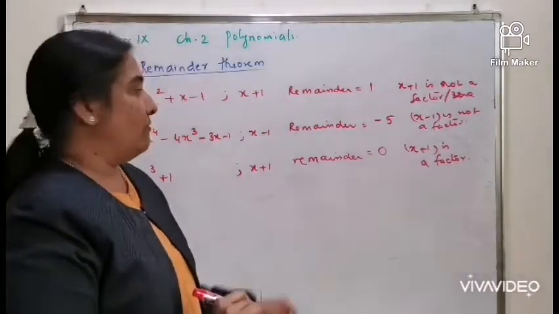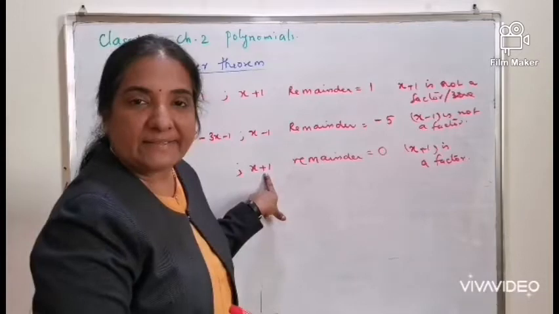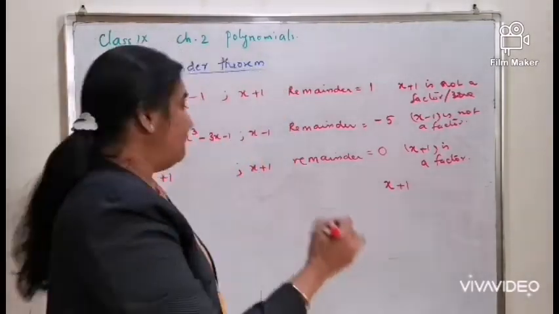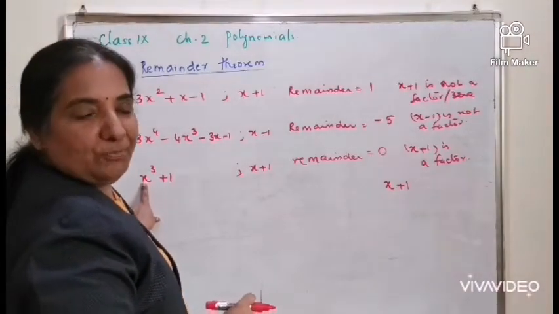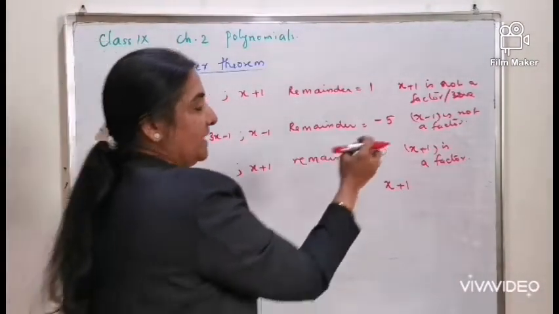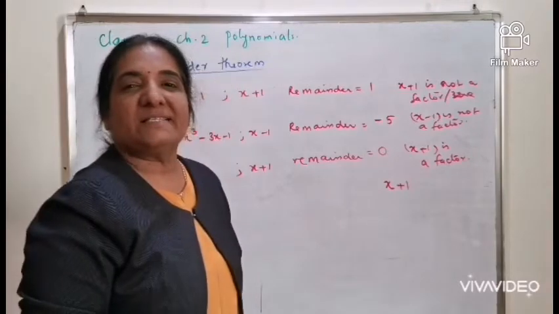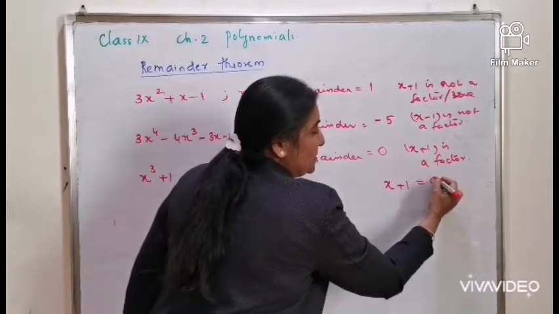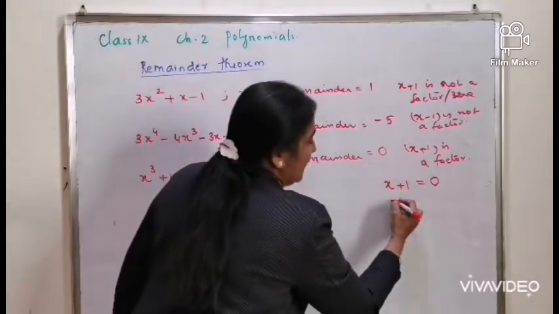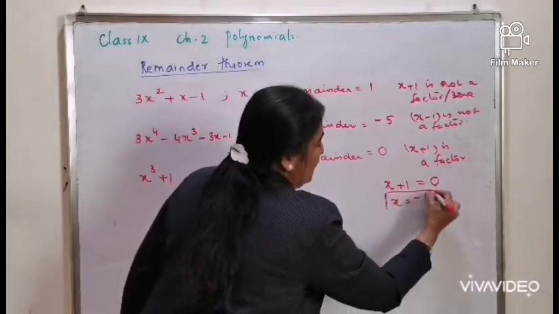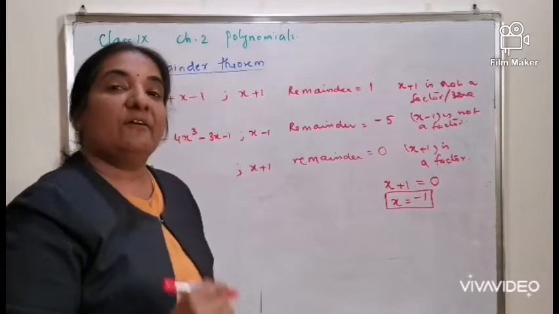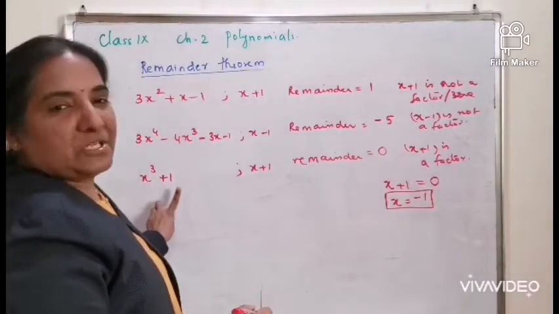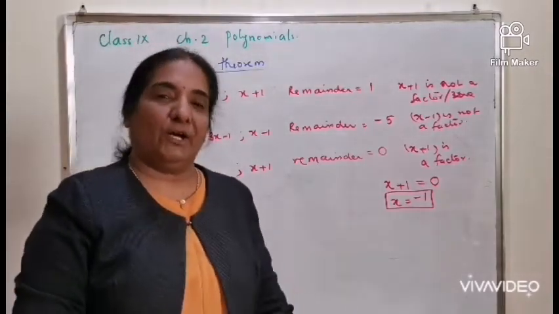What is the meaning of x plus 1 is a factor? X plus 1 divides the polynomial x cubed plus 1 exactly, and if we say x plus 1 is a factor, x plus 1 equal to 0, that is, the value of x equal to minus 1, will make the polynomial x cube plus 1 a 0 polynomial.